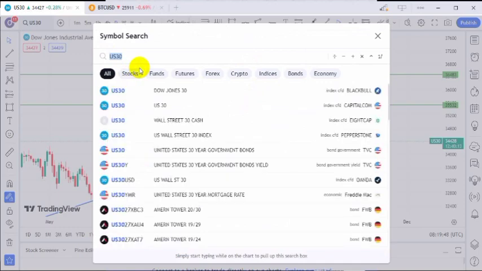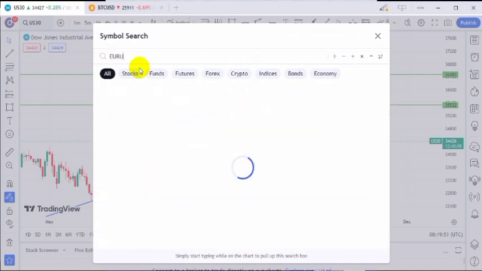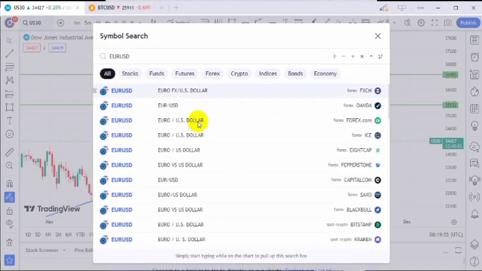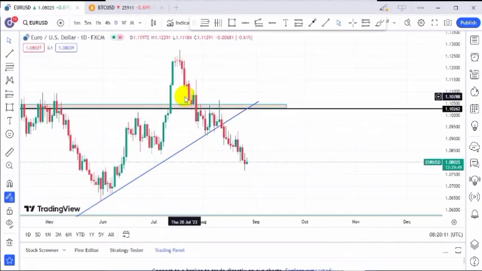Let's just check Euro USD and GBP USD. Euro dollar. What's Euro dollar doing right now? Okay. Euro USD, GBP USD.